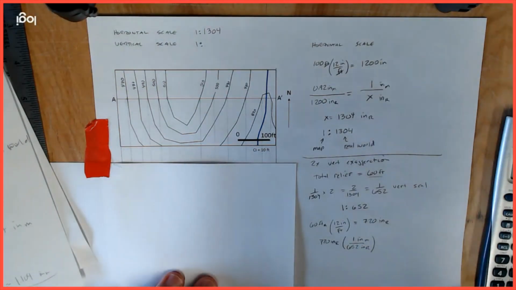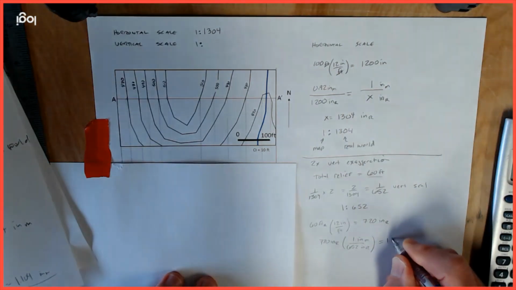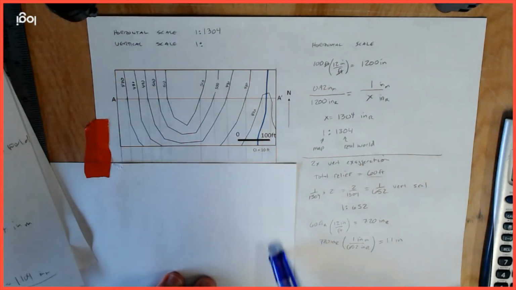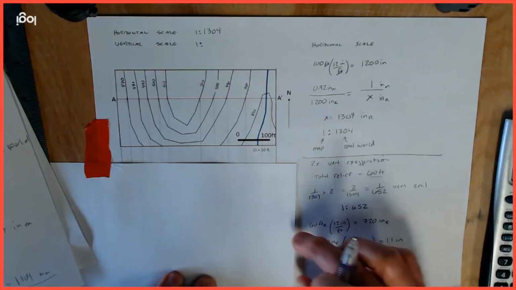So then we take 720 divided by 652, and I get 1.1 inches. So that means I've got plenty of space to do this down here at 2 times vertical exaggeration. So that was just my test.